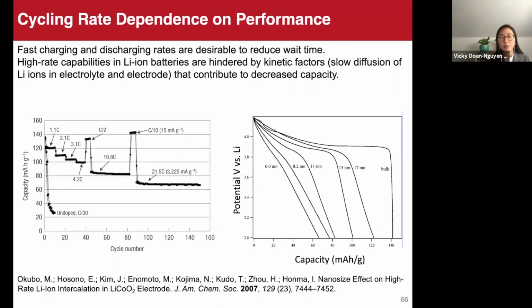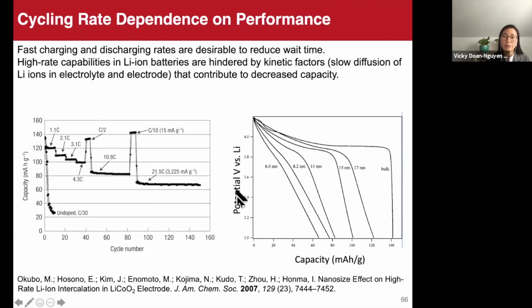And this can contribute to decreased capacity that you get in a device. So here you can see the plot from Yet-Ming Chiang's publication again, in which as you cycle faster and faster, so increasing C rates, you can see that the capacity drops.